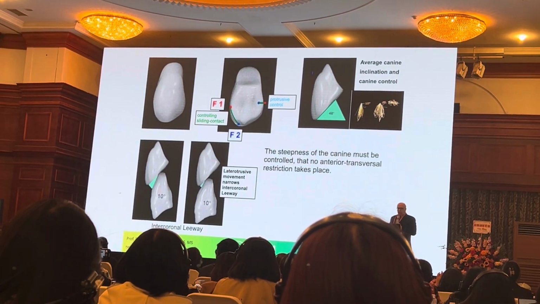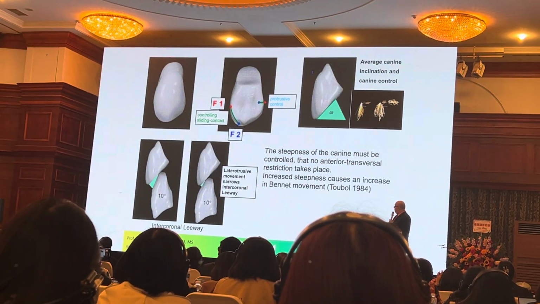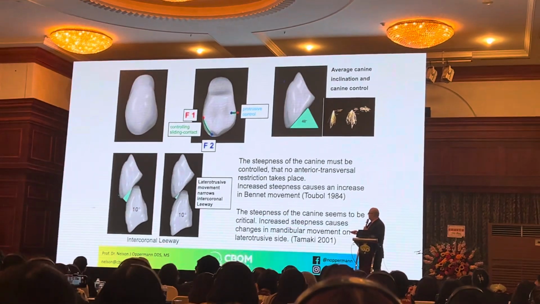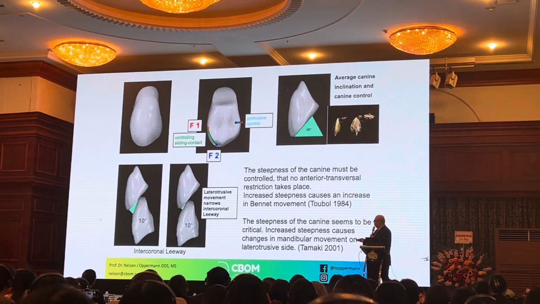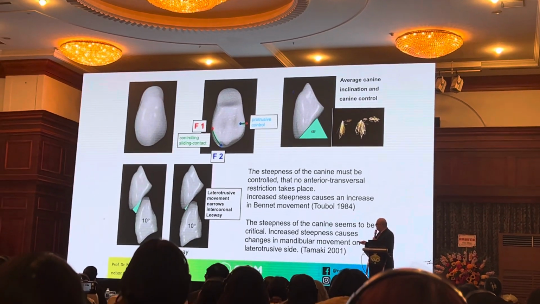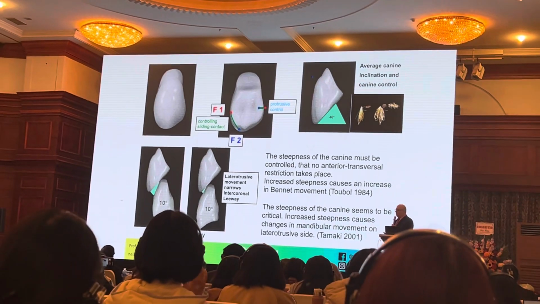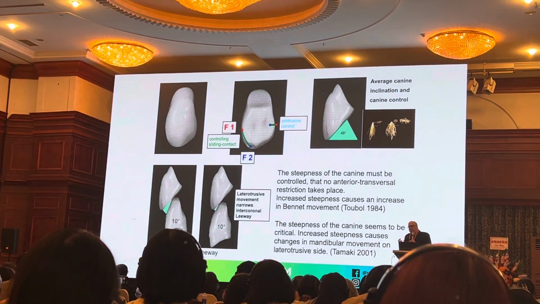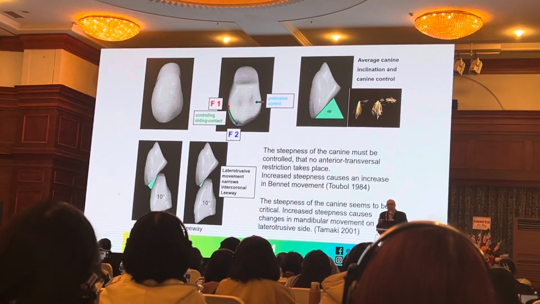So we have also some overjet, some gap here, intercoronal leeway to allow the function. If I put the canine too far in, I block the lateral movement of the mandible, and the mandible with this interference tends to slide back and also stay in class 2.